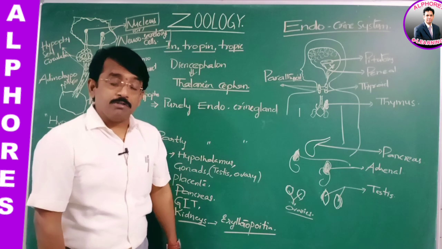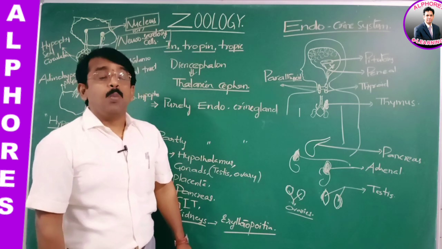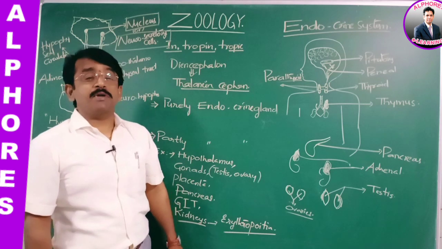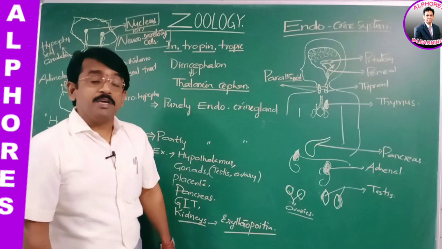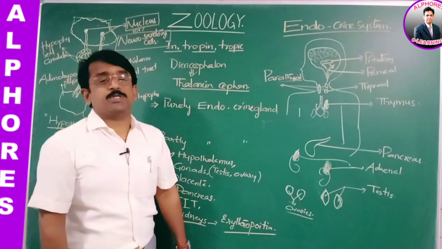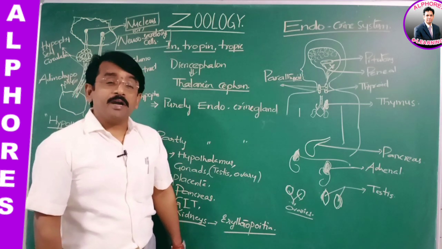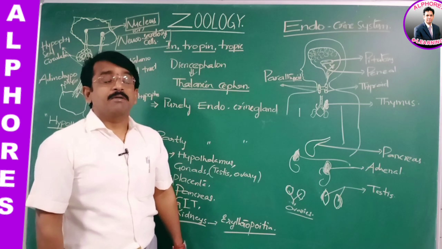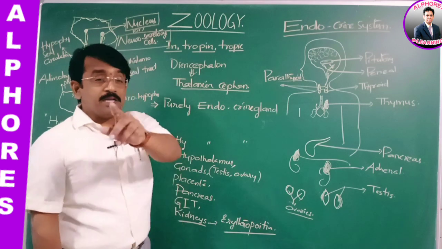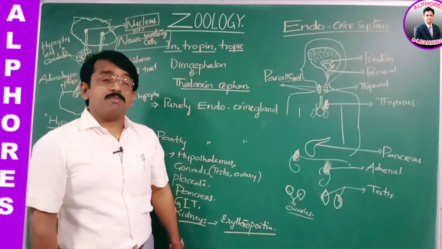Just recall your memory. We discussed the method of regulation of activity in the excretory system. When dehydration takes place, the receptors detect this and stimulate the hypothalamus.